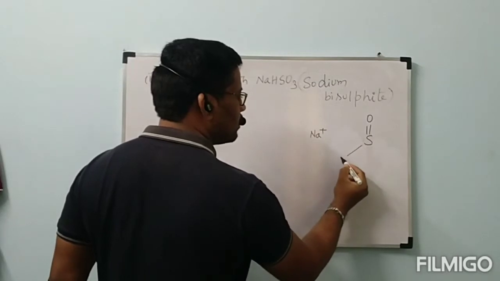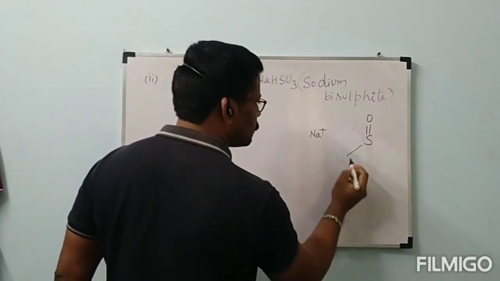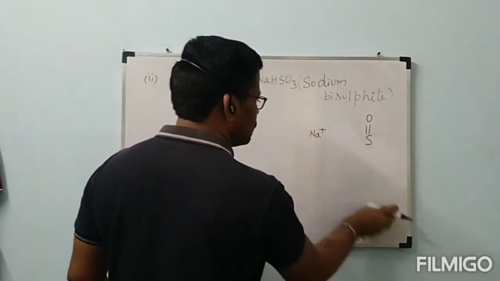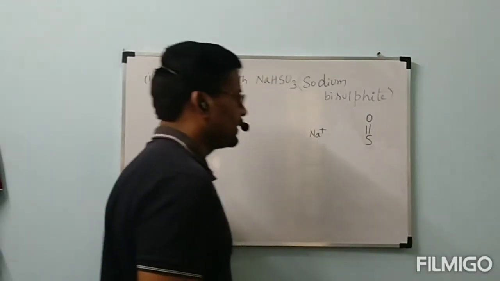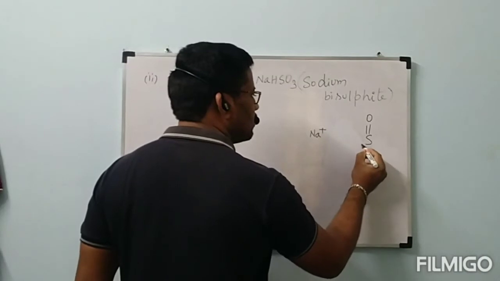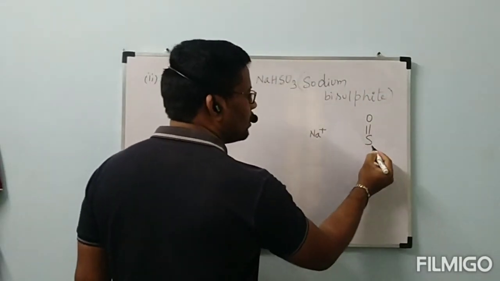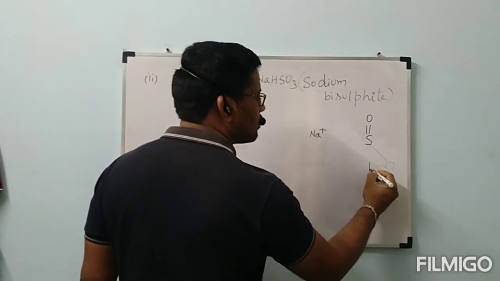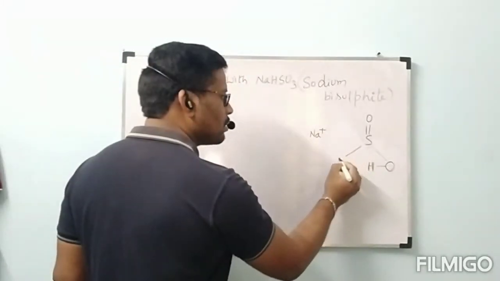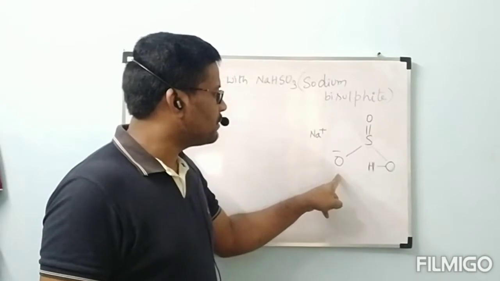Double bond O, OH, O minus, S, double bond O, OH, O minus, Na plus.